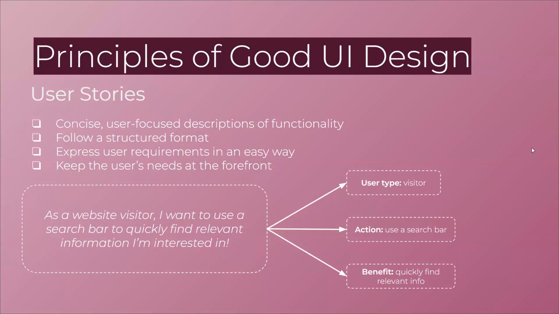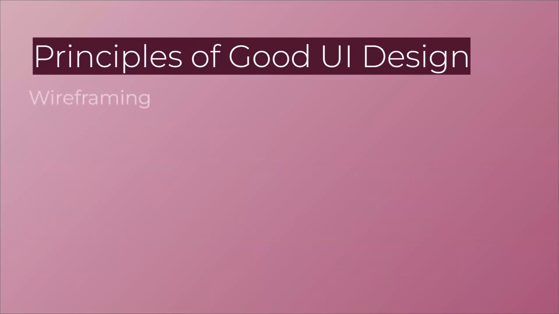All right, so let's continue. Another benefit of user stories is that it makes our job easier when it comes to wireframing. This is typically the next step of our UI design process. Wireframing is a visual representation of our web page or app screen.